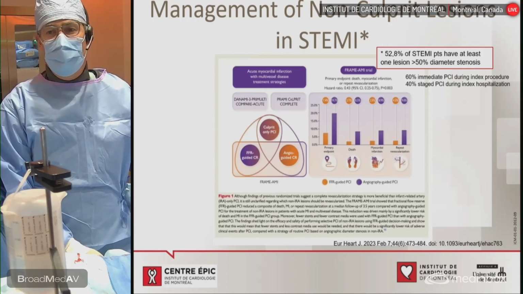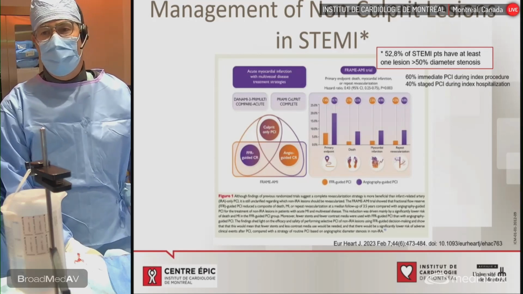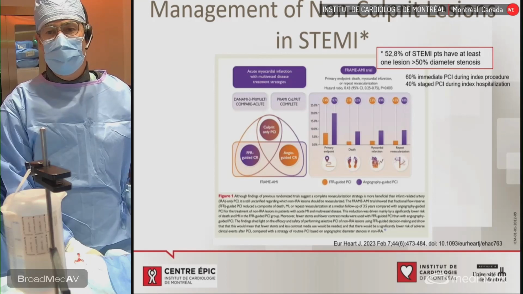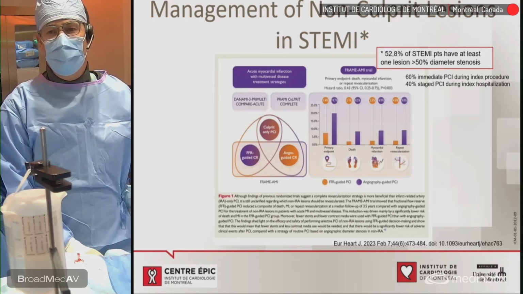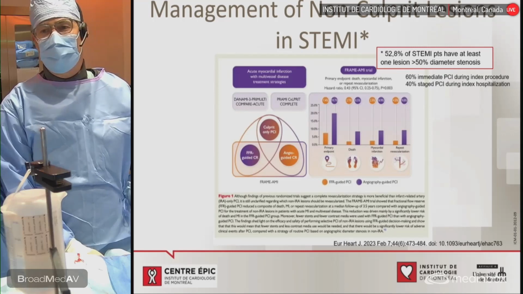And if it's severe, you proceed with revascularization, and it has been demonstrated to reduce clinical events at the follow-up. Of course, alternatively, we can also use physiology for a more precise evaluation of residual stenosis. And this can be done safely during the acute procedure or as a staged procedure, either within the same hospitalization or within 6 weeks, for example.